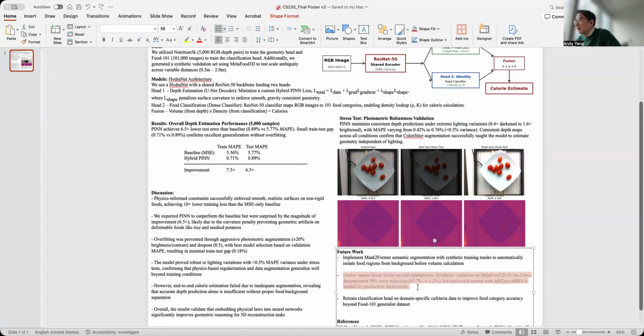I also tested for the scale, creatively using the 3D Meta food data, with distances from 3.3 meters to 2 meters. In this simulation, the error was reduced quite a bit from 83% to 1%.